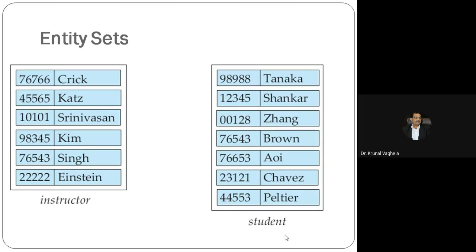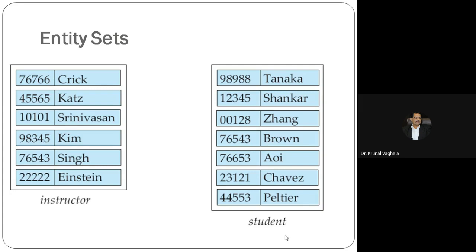In the relational model, the relation is also a table. So a table can be referred to in different ways. When we are learning the ER model, we call a table an entity set of entities. And when we learn the relational model, the relation is nothing but a table.